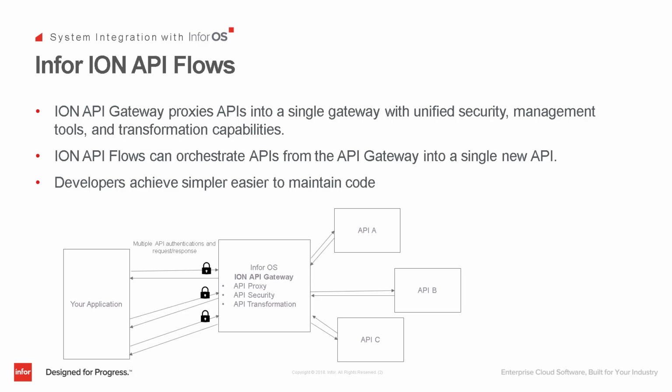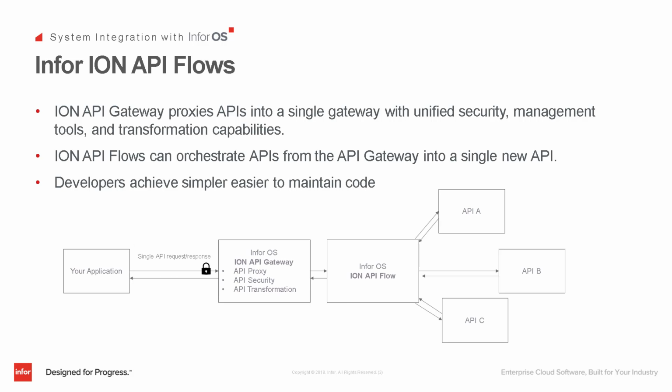For the developer creating that application, that's complexity that might be able to be removed. In the case of an API flow, that same developer can make just one call to the API gateway, and the API flow orchestrates the rest of the calls to the various APIs and returns one result back to the application that you're building.